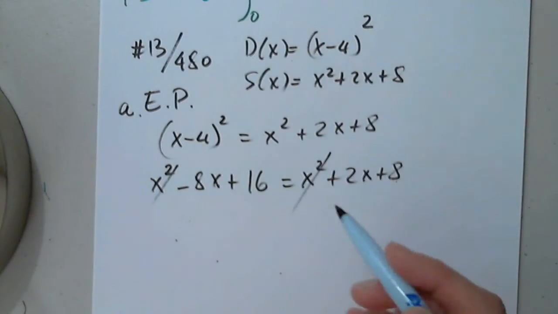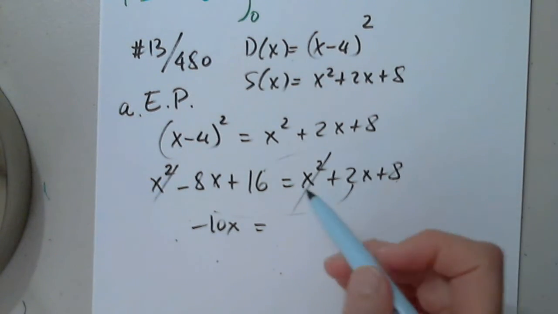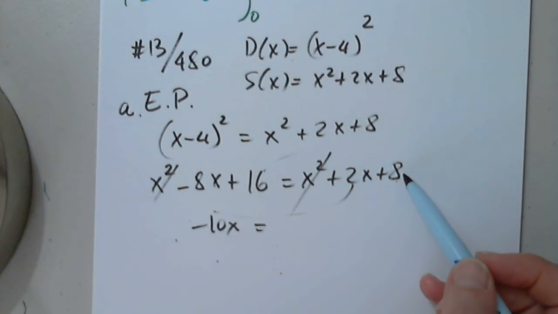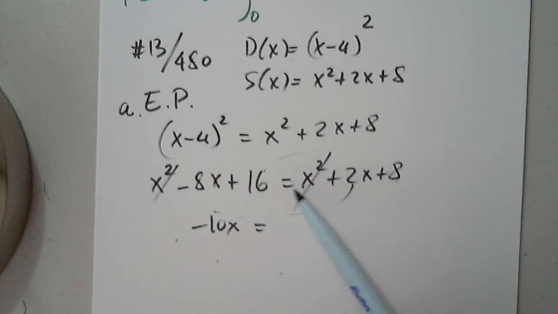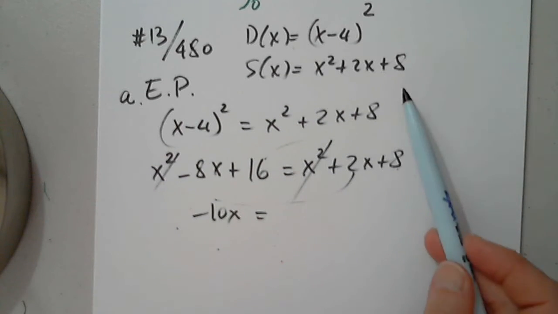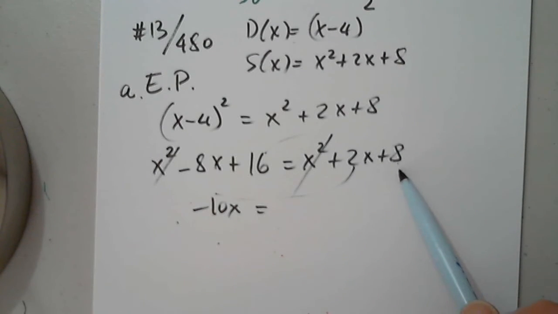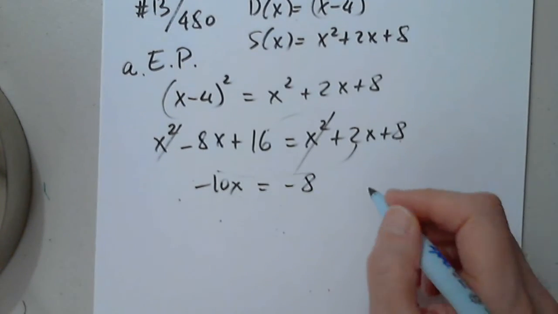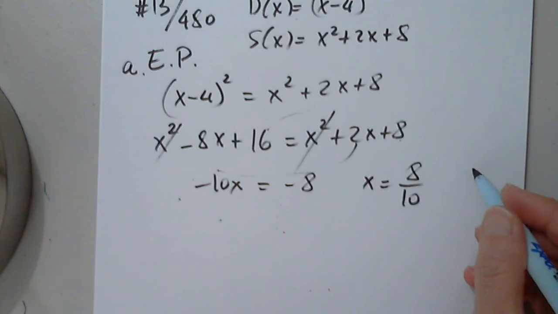I subtract, so negative 10x, and negative 16 minus 8. Oh, I was hoping for some nice number, but I guess it doesn't have to be. So minus 8, then x equals 8 over 10, or 4 over 5.